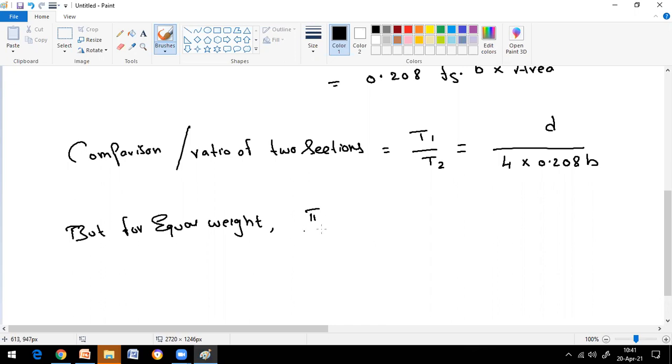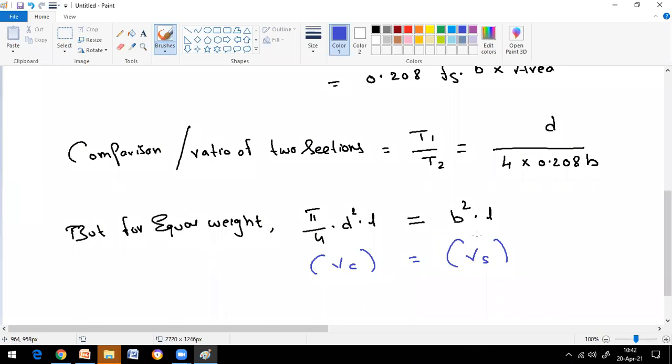Okay. So pi by 4 d square into L can be equal to the volume of the square section. So this is the volume of a circular section, which equals the volume of a square section. So I can make these two equal. Okay.